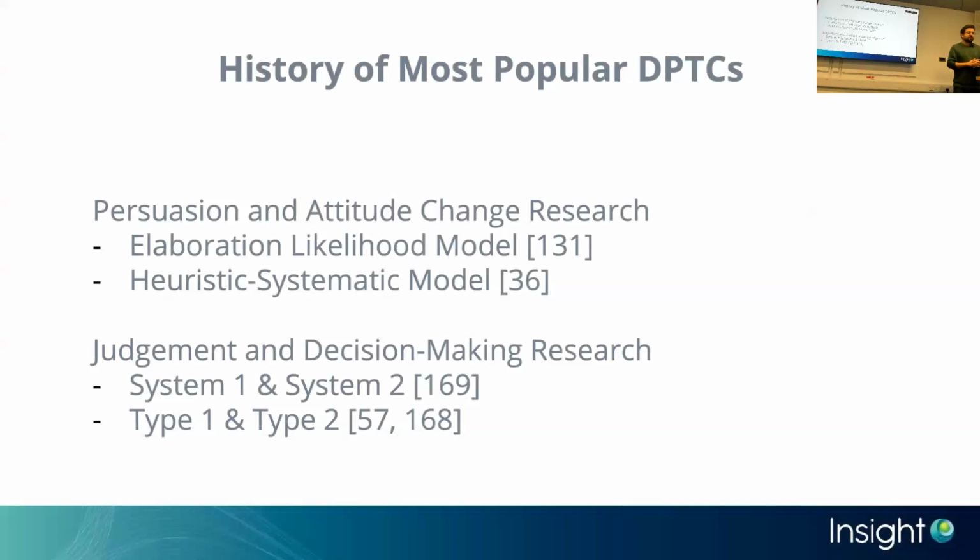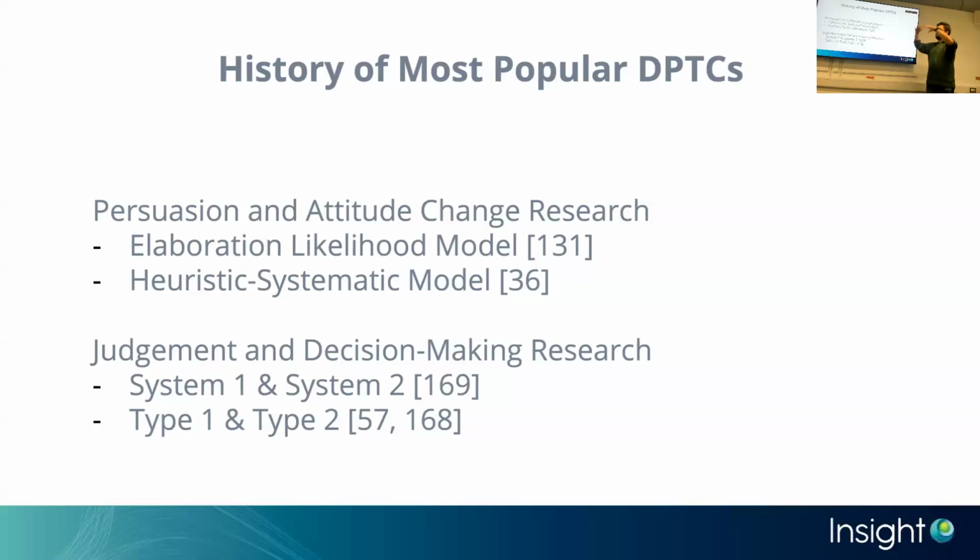So first we have Richard Petty, who developed the elaboration likelihood model. These numbers are the references if you go to the paper, and I'll give you a QR code for the paper at the end. They created the idea of dual processing, where if you look at the message and consider it on its merits, thinking about it deeply, its logic and consistency, that's called the central route of processing.